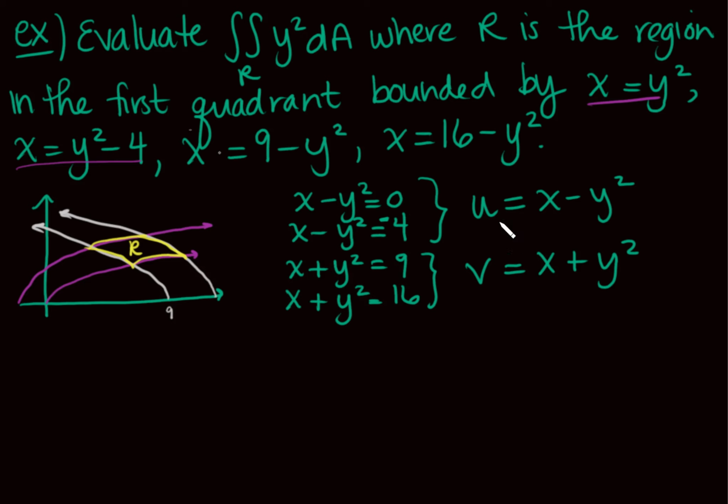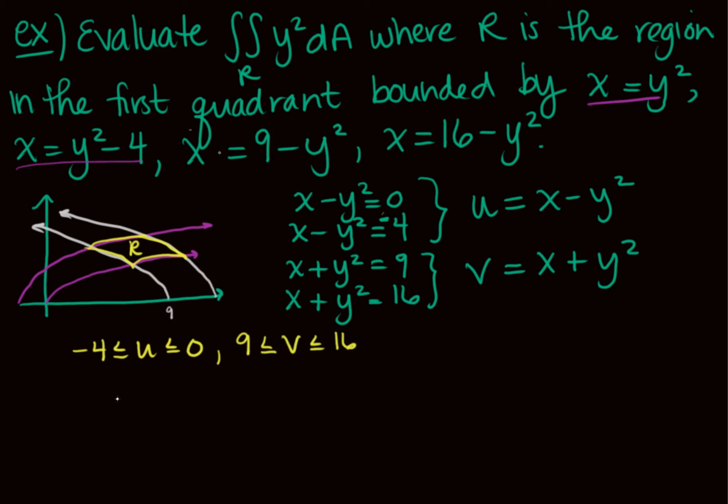If you just look at this, then u is going to be bounded from negative 4 to 0, and then look at v: the smallest v gets is 9, and the biggest it gets is 16.